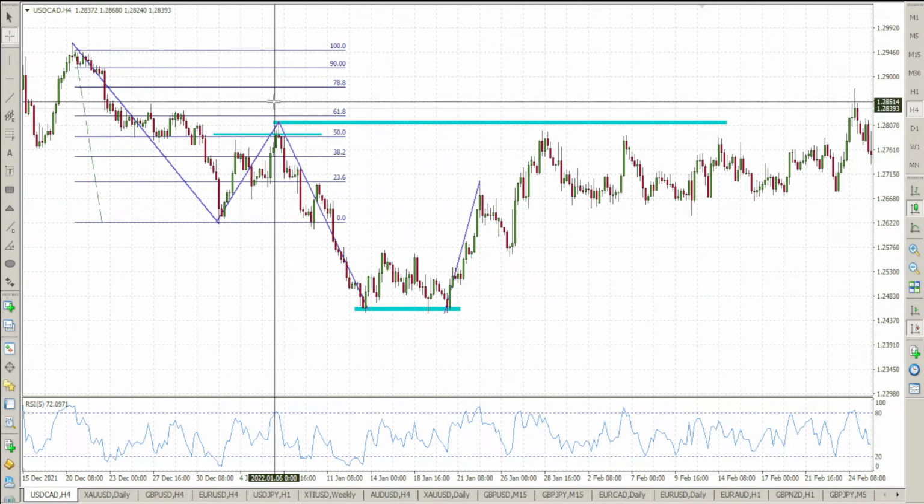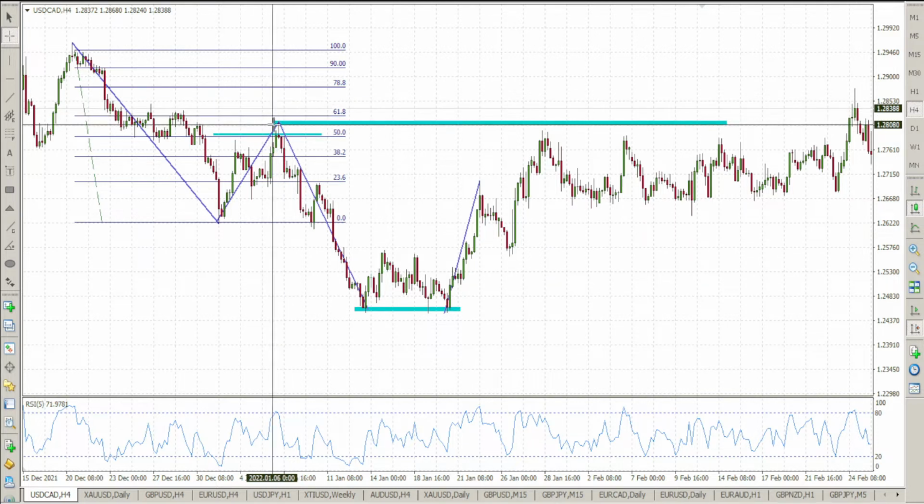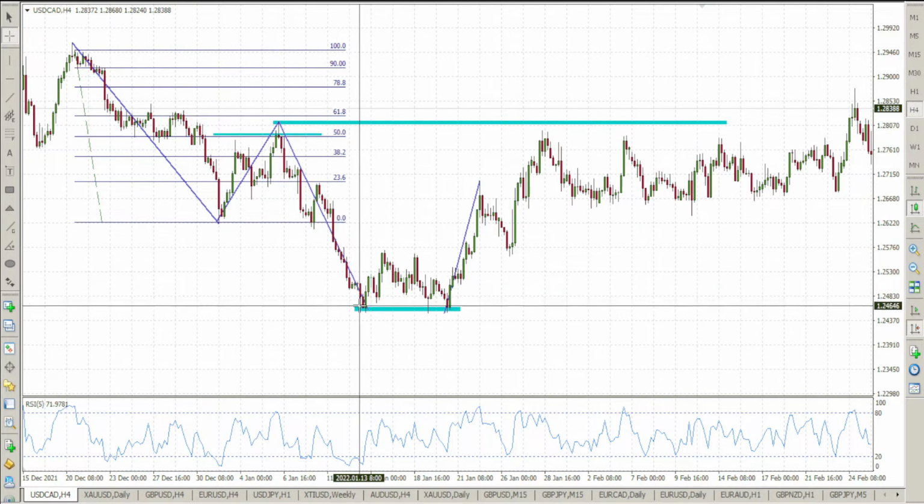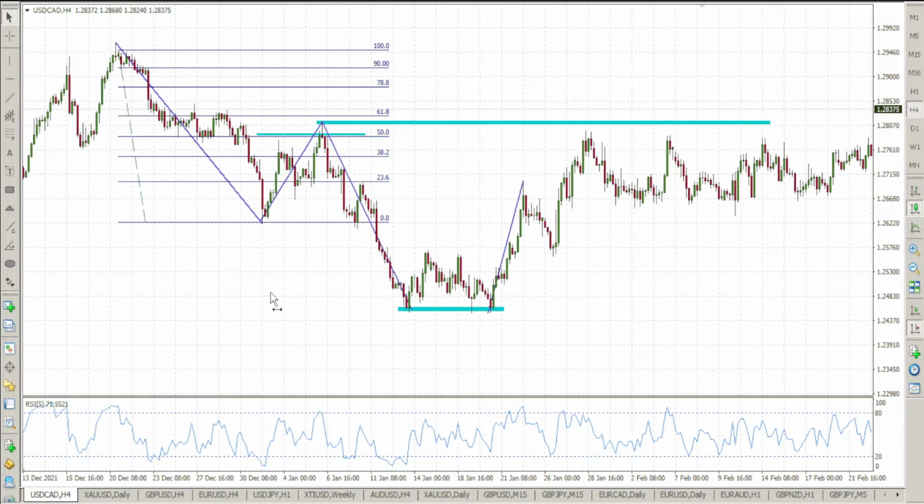The market reverses from there and it created a lower low. Have a look at it, this one. So a low and a lower low.